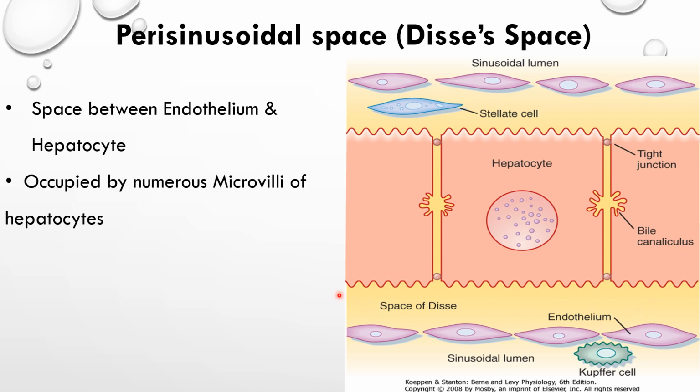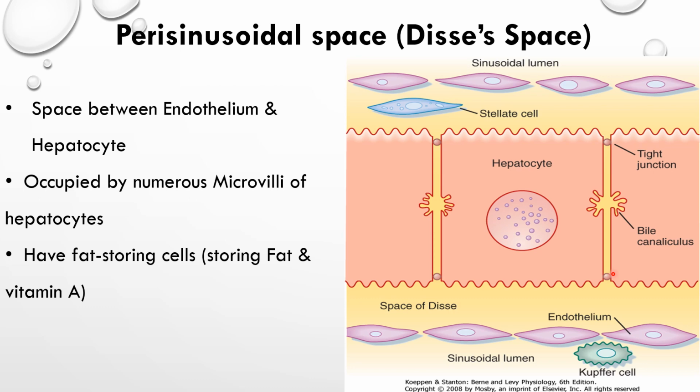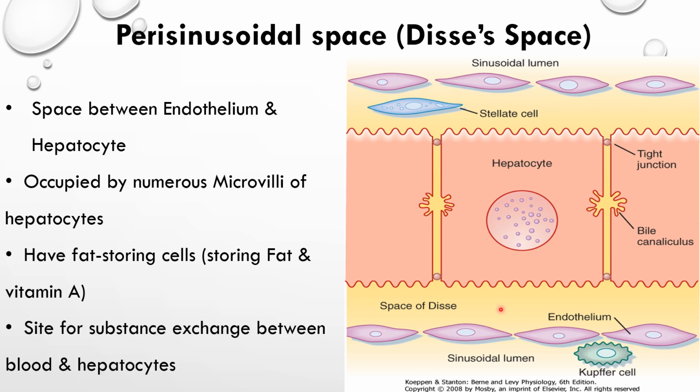It is occupied by numerous villi, microvilli of the hepatocytes, and it is also the place where the fat and the vitamin A are stored. It is a site of substance exchange between the blood and the hepatocyte. So this space has significant clinical importance.